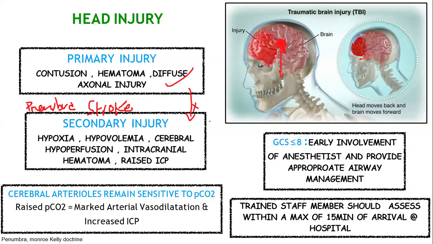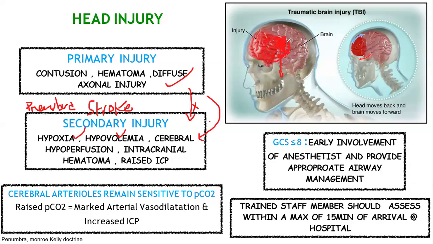Surrounding it, we have a larger area where blood supply is compromised, but it is not completely non-functional. Electrical activity might have gone, but metabolic activity remains there. So if you do all these things to maintain normal oxygen, SpO2, normovolemia, normoglycemia, and prevent the patient from secondary brain injury, then you can salvage this outer area.